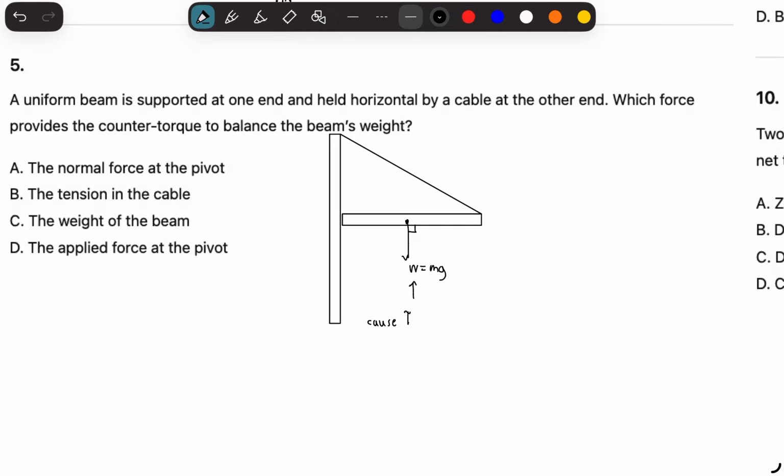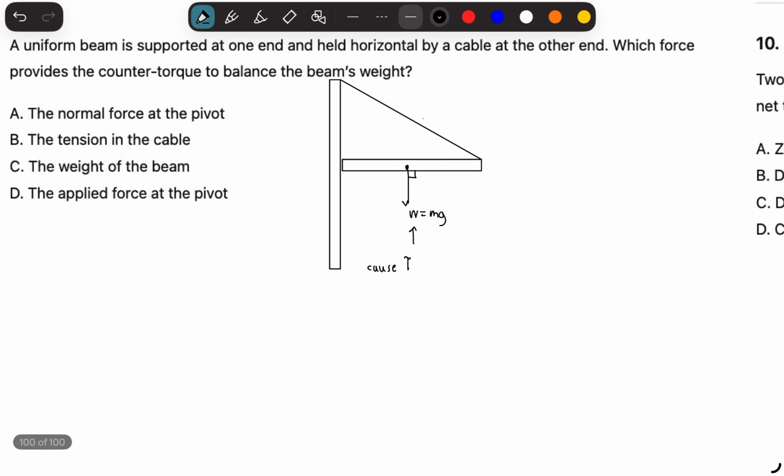So the pivot force is here. There is no torque because R is equal to 0.